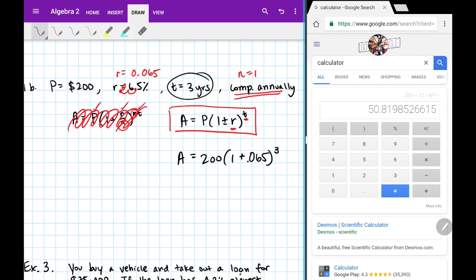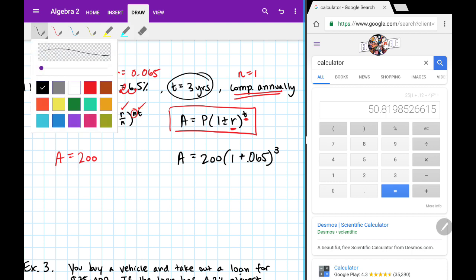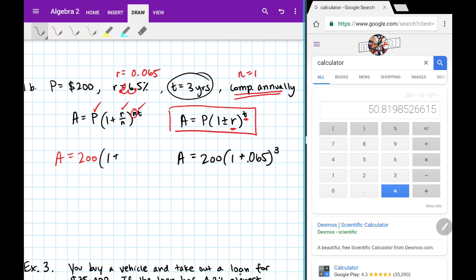You might be saying, Ms. Name, what if I want to use the first formula? Okay, I'm going to show it to you. You would have A equals 200 and then parentheses 1 plus R, which is 0.065, divided by N, which is 1 time per year, to the power of 1 times T, which is 3.